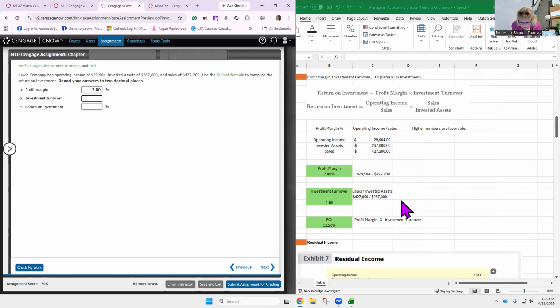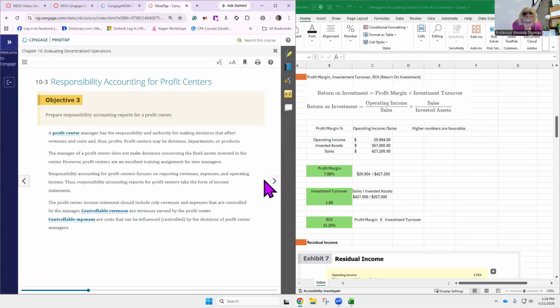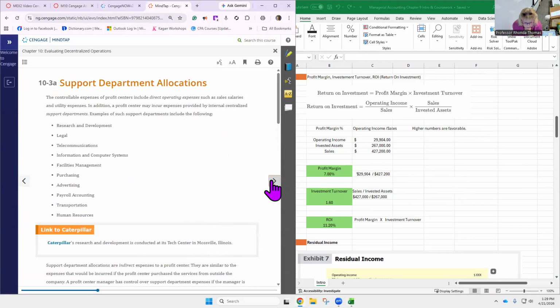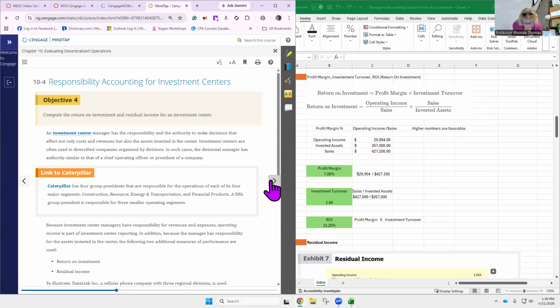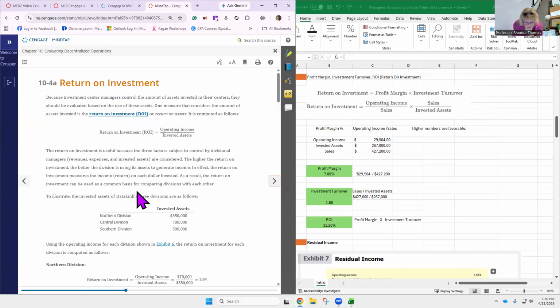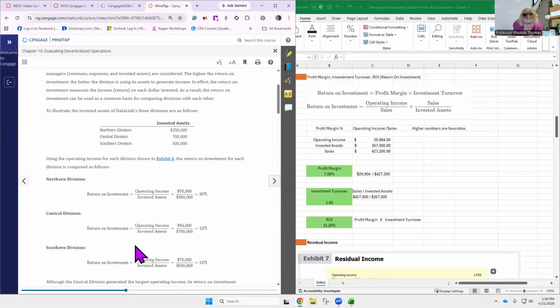The investment turnover, however, is just a number. So the investment turnover is, let's just see. Turnover means that you've used up something already. Okay, so here's return on investment.